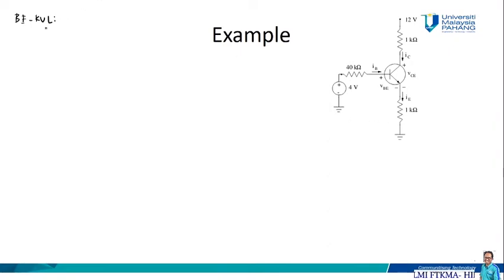So we are going to get 4 volt equal to 40 kilo ohm times the current IB, plus voltage VBE, plus 1 kilo ohm IE.